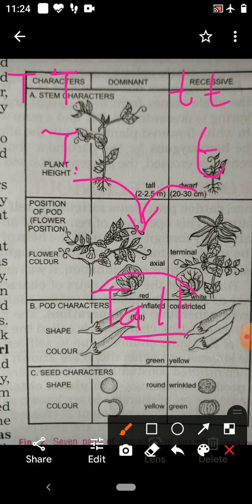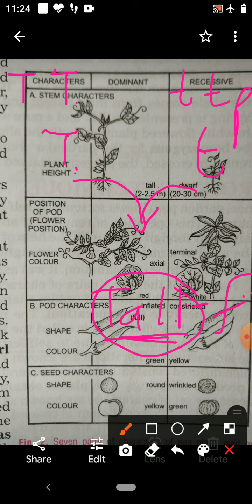Phenotype of this progeny is similar to one parent. That parent is called the dominant parent, the other is the recessive parent. The character of that parent plant is dominant, the other is recessive. In this way, these are the progeny F1 generation, and these are the parental generation.